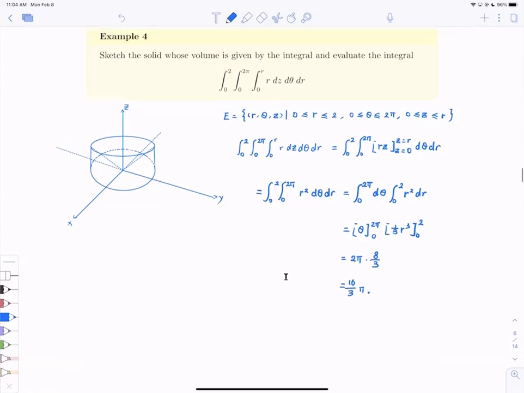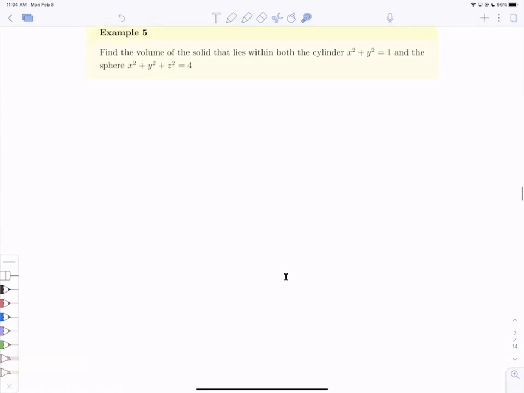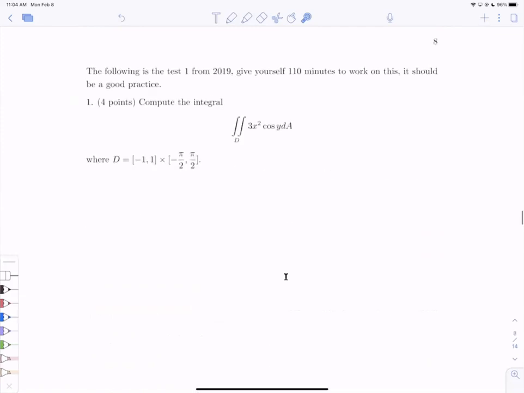So as I mentioned at the beginning of the tutorial, the rest. Example 5 is another cylindrical coordinates question. I don't have time to cover this, but you can add that to the test. The rest is a past test that doesn't include cylindrical coordinates, so you can add example 5 to that. Probably give yourself 20 more minutes, or I don't know, 10 more minutes.